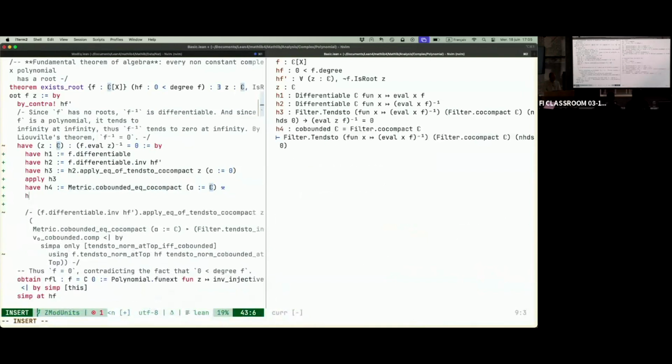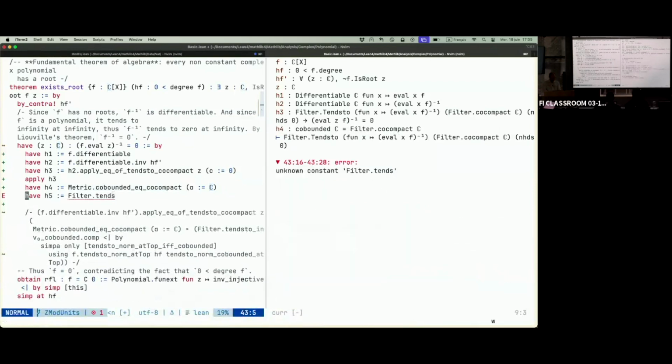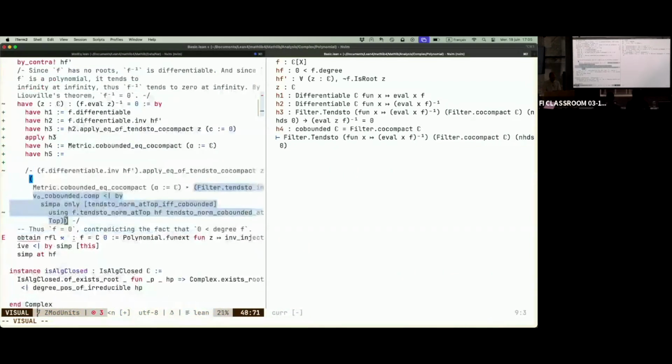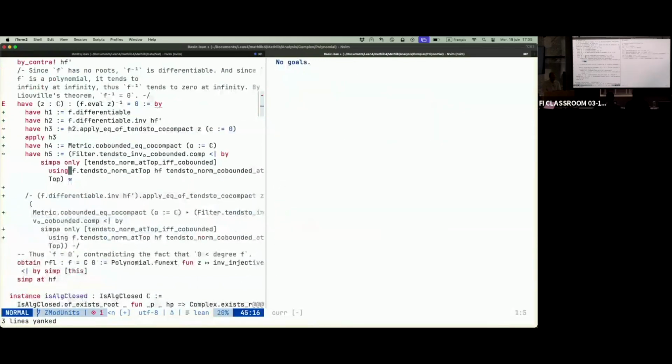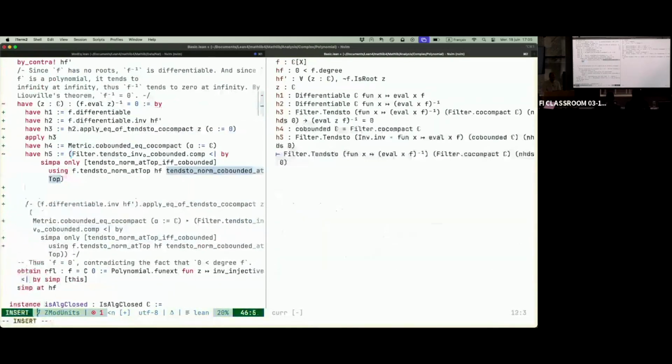And then we can look at the stuff. So it's really fun because we try to take the last sentence, but I will copy it because it's too complicated. Copy this up to here. Okay, does it work? Yep. So I have something that says that the filter tends to the inverse.